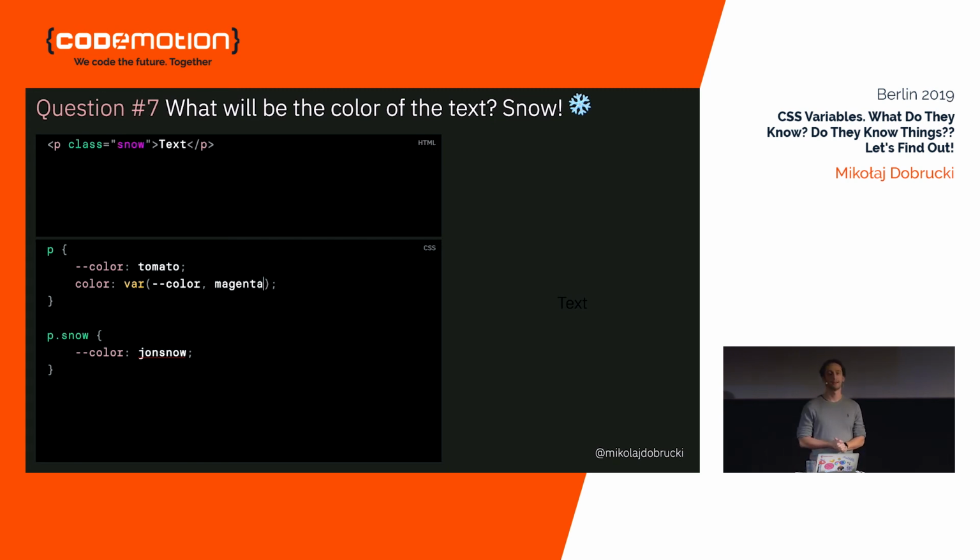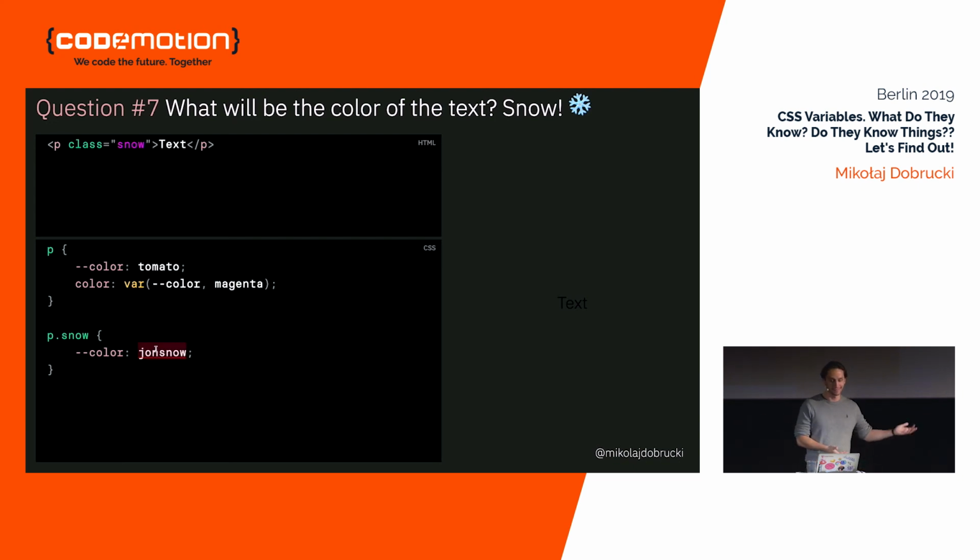Okay, but that's not exactly the fallback we are looking for, because fallbacks for CSS custom properties work not when the CSS custom property is invalid, but when it is undeclared, which are two kind of different concepts.